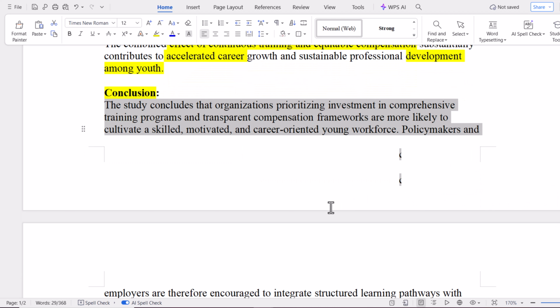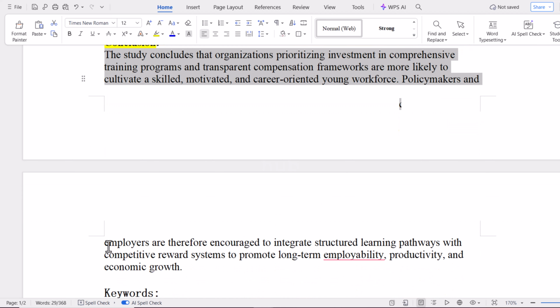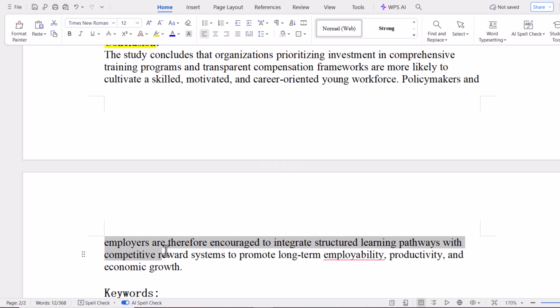Policymakers and employers are therefore encouraged to integrate structured learning pathways with competitive reward systems to promote long-term employability, productivity, and economic growth. It is important to keep conclusions realistic and evidence-based rather than exaggerated.